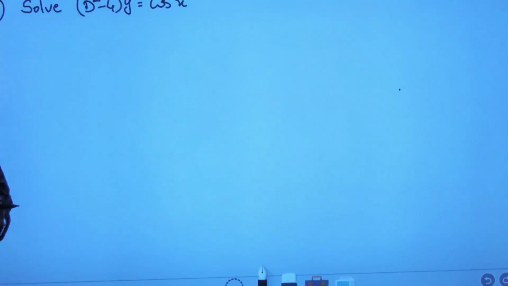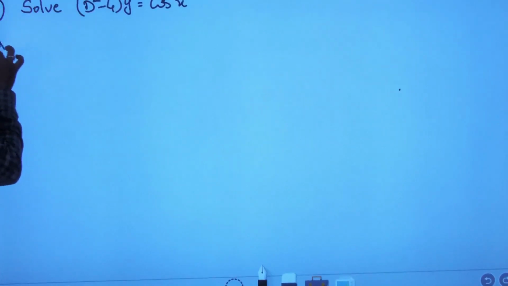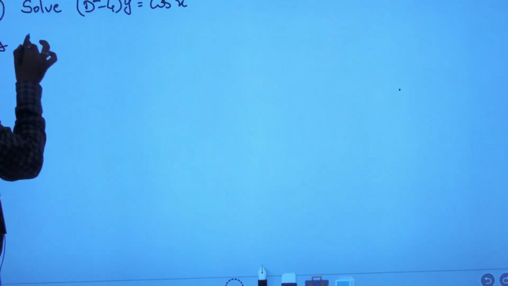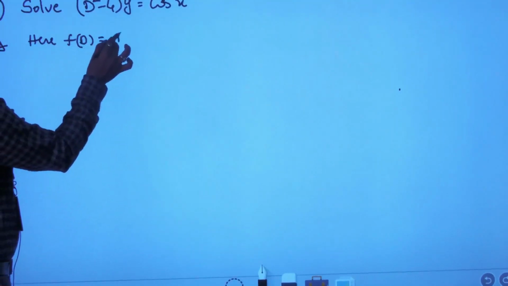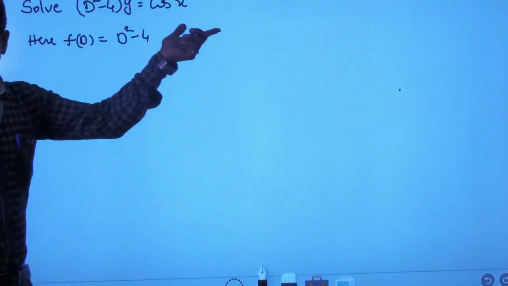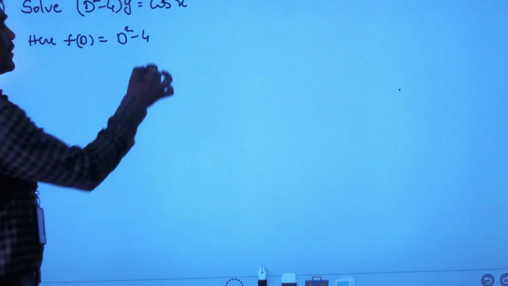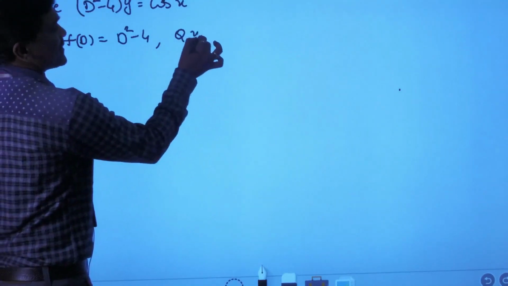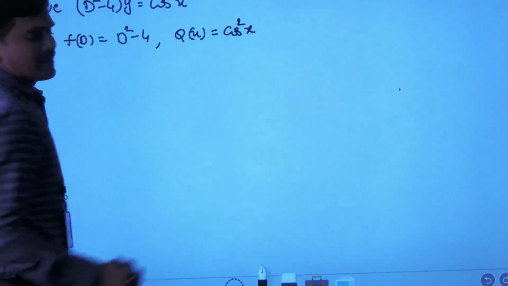First of all find the complementary function, then the particular integral. First write what is f of d here. Comparing with f of d into y is equal to q of x, f of d is d square minus 4, and q of x is cos square x.